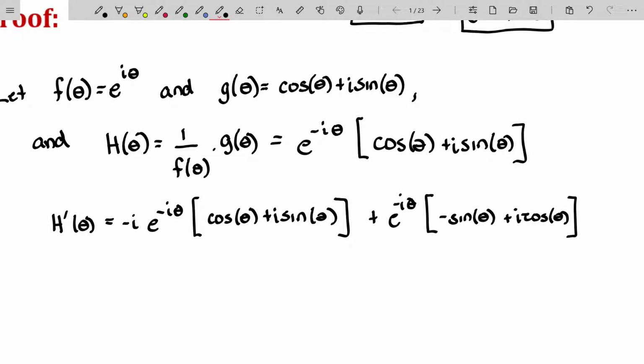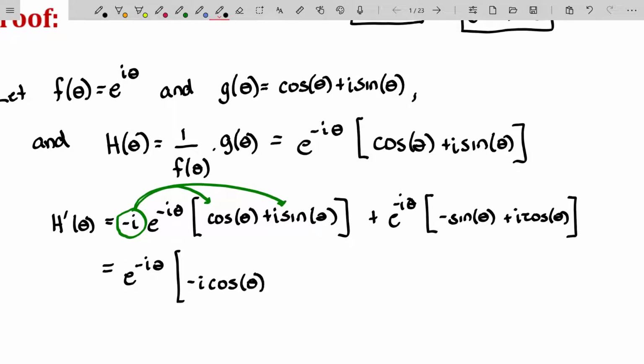And now you notice both those terms in this derivative have an e to the negative i theta in common, so I'll factor those out, e to the negative i theta. And what I'm going to do is take this negative i and distribute it into these parentheses here. So to do that, we get a negative i cosine of theta minus i times i, which is i squared, sine of theta. In the second group, we have a negative sine of theta, and we have a positive i cosine of theta.